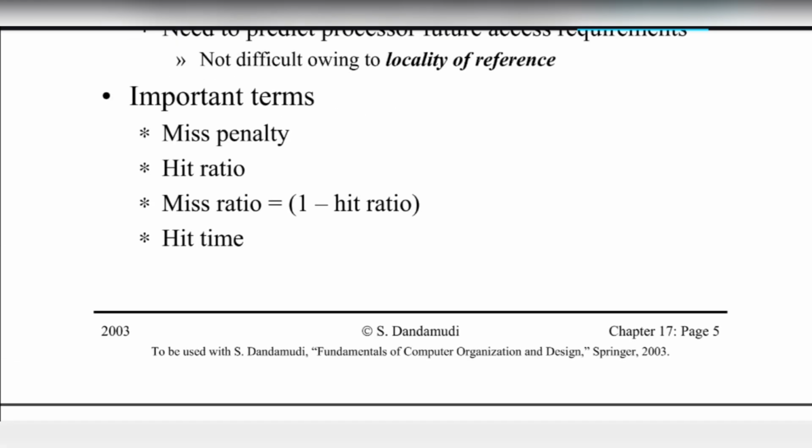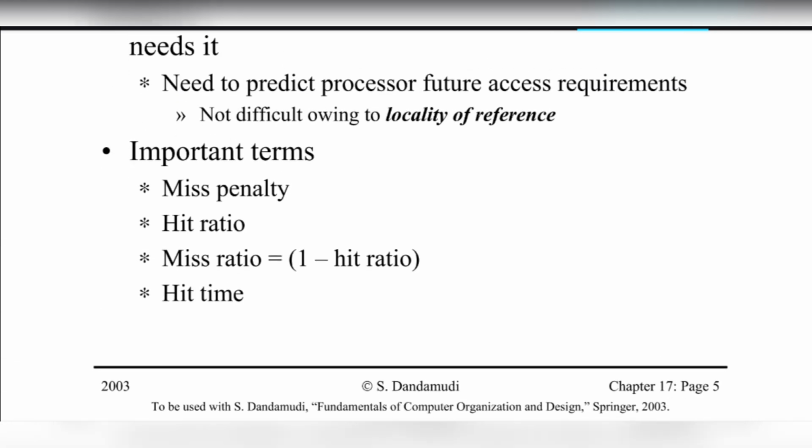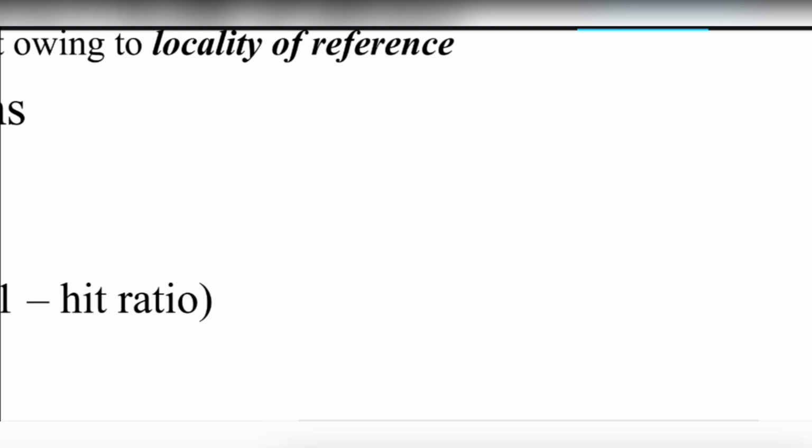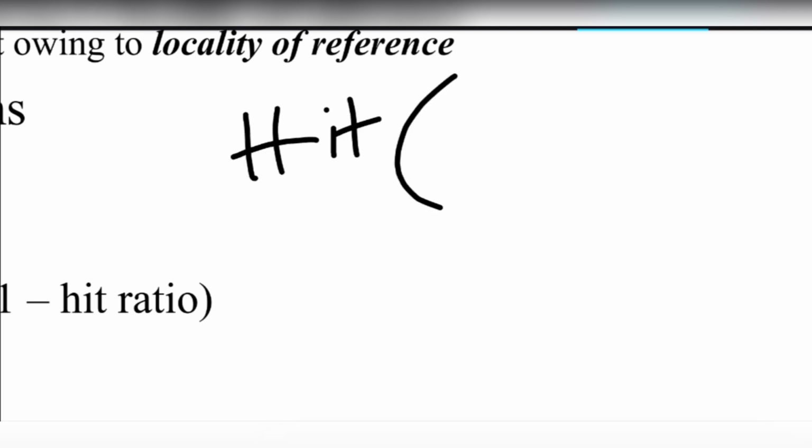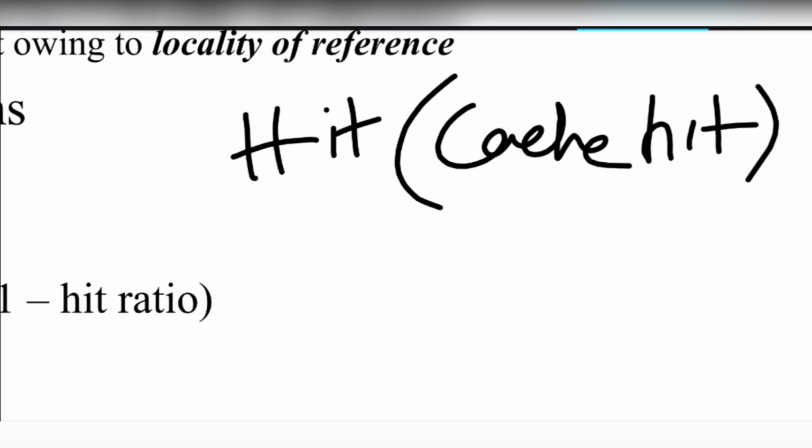There are two terminologies, hit and miss. You have to understand them first. One is called a cache hit, another one is a cache miss.